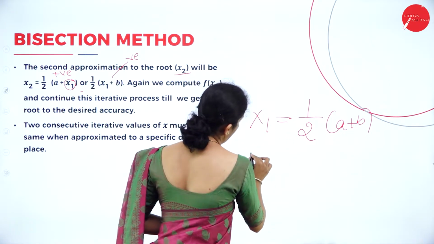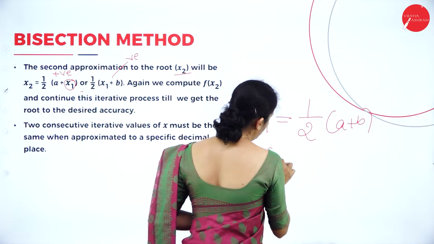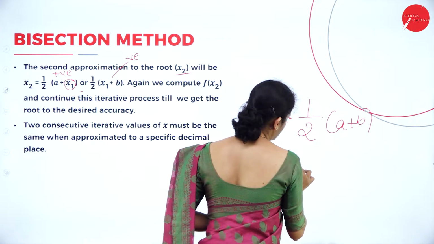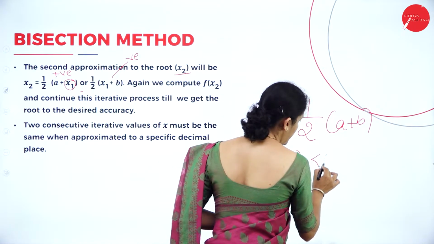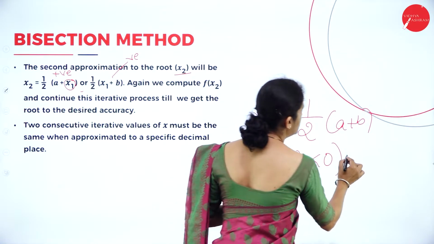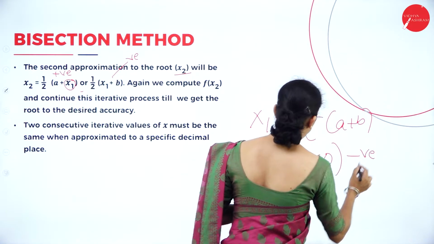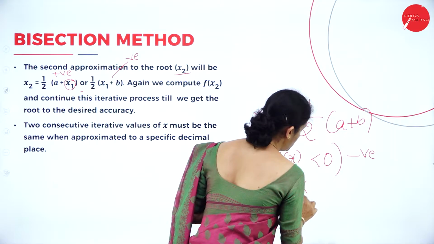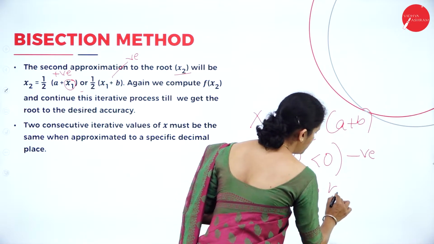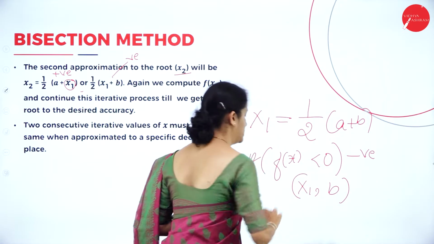Now, if f of x is less than 0, it is a negative number, then I'm going to change A and B remains as it is.